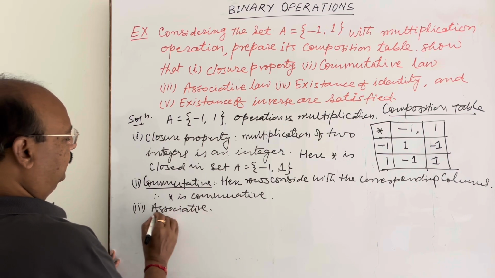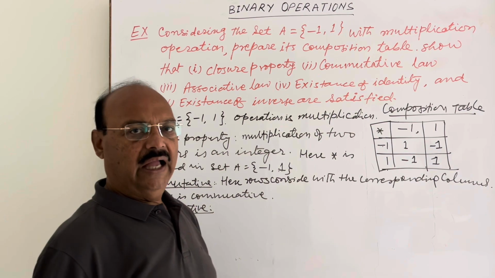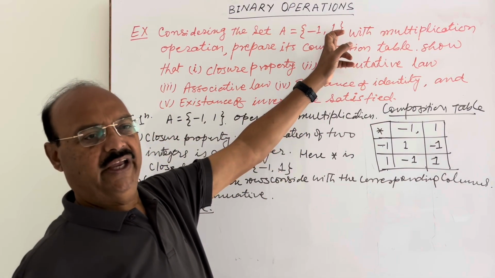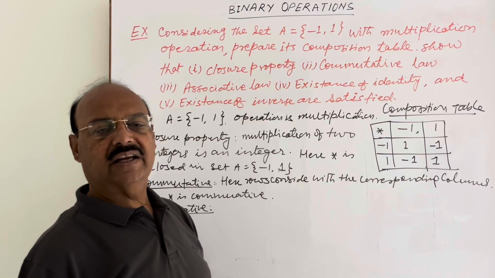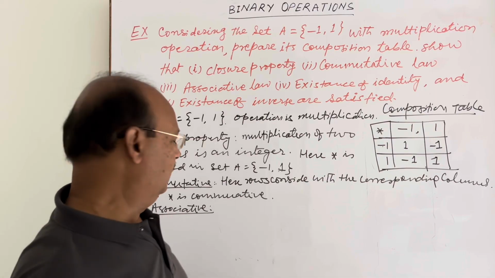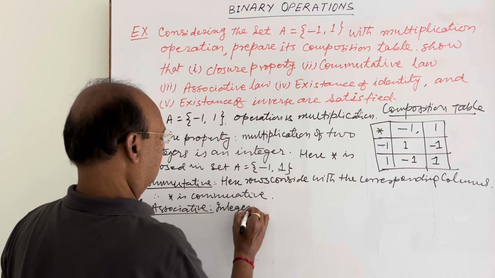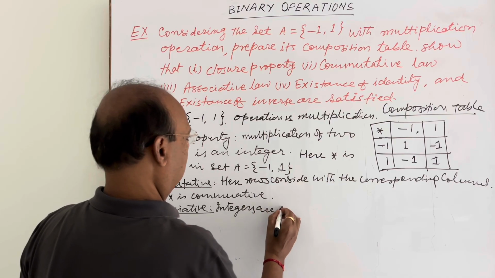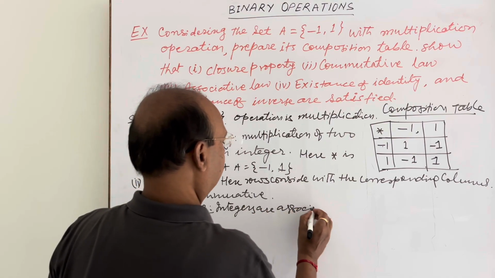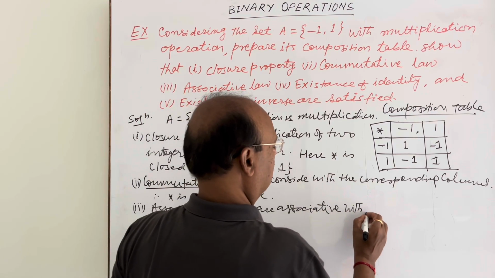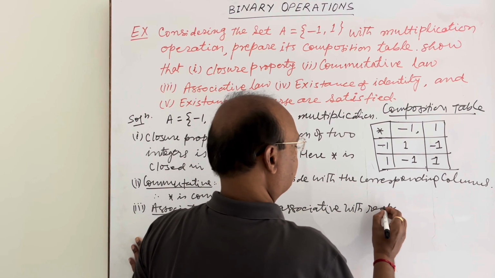associative also. As we discussed previously, these are integers, and we know that integers are associative with respect to multiplication.